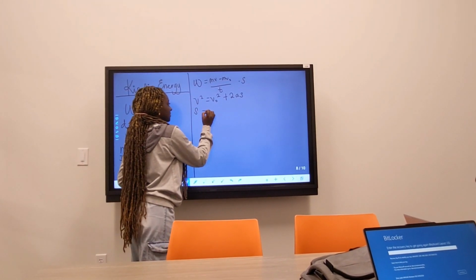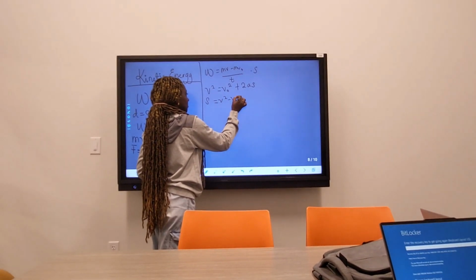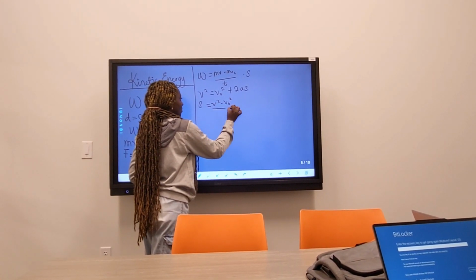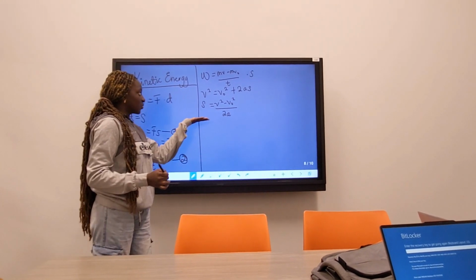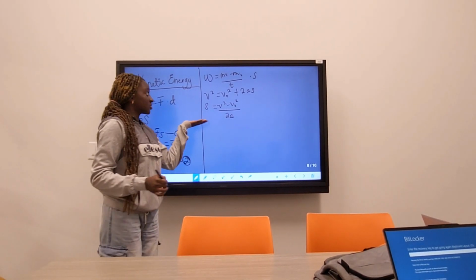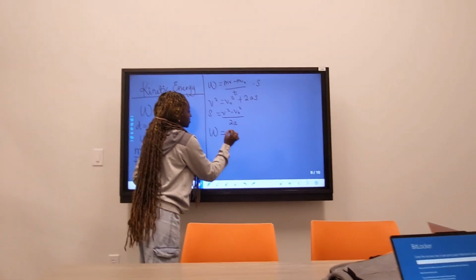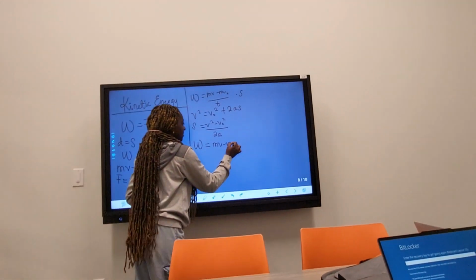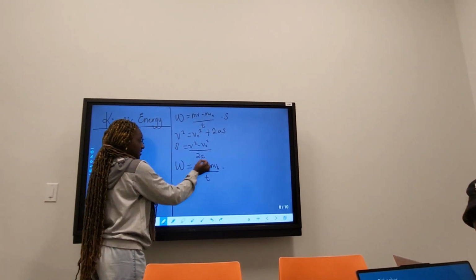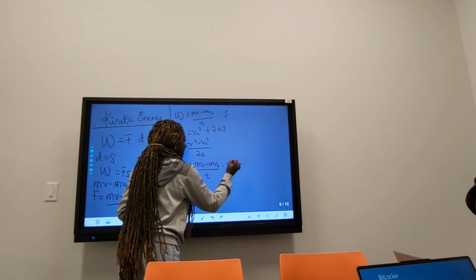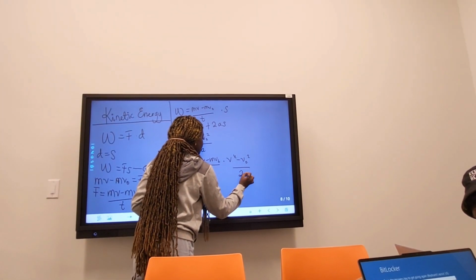So s will then be equal to v squared minus v naught squared all out of 2a. With this, we can substitute our s into our equation up here. So work done is equal to (mv minus mv naught) out of t times this s, which is (v squared minus v naught squared) out of 2a.